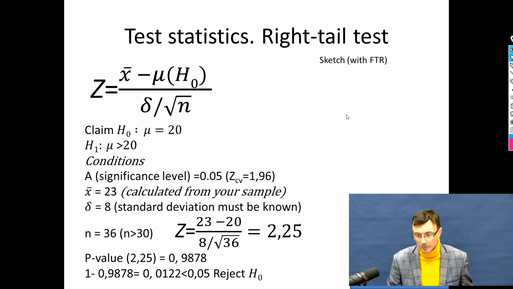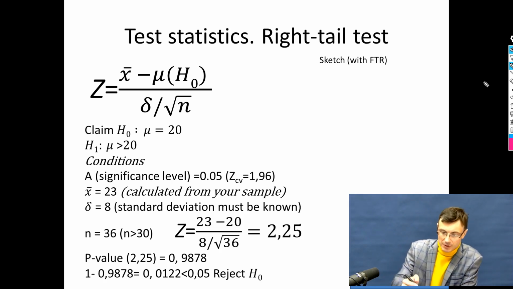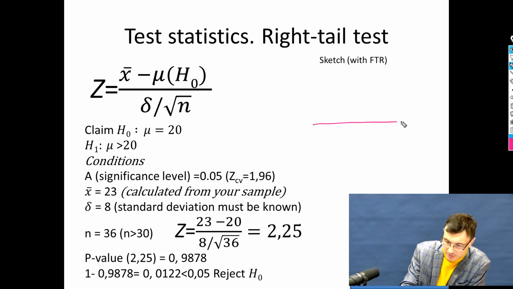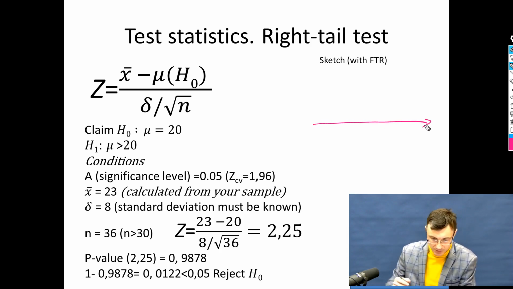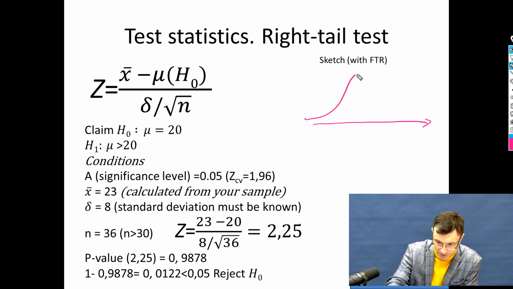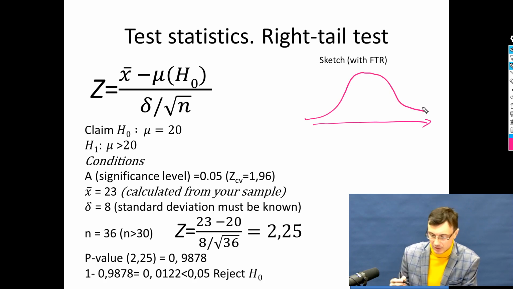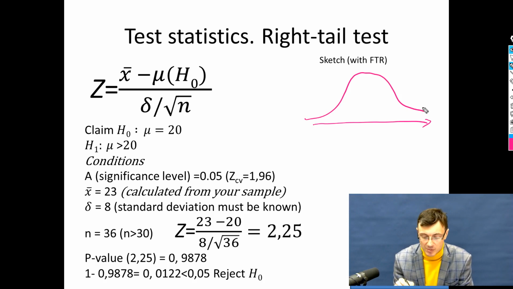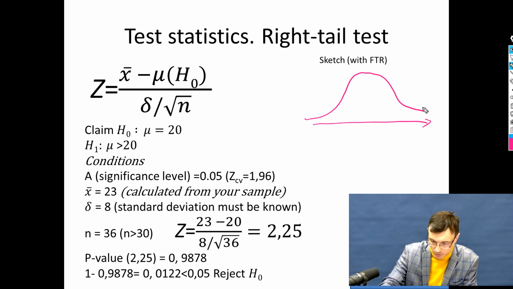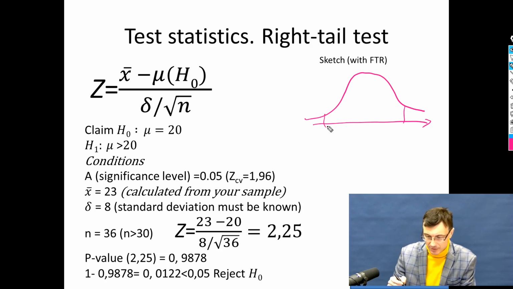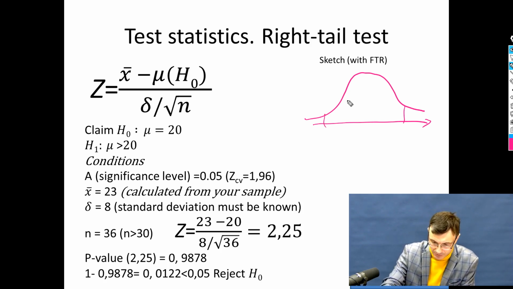So as usual we draw a sketch. Let's make our distribution line with probabilities. With the significance level, as you know, it will be like that.